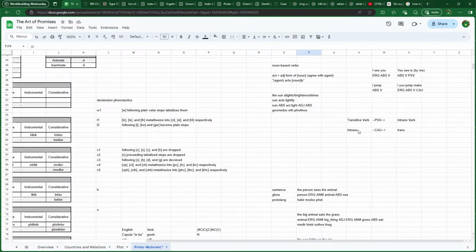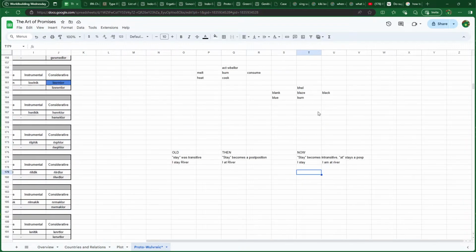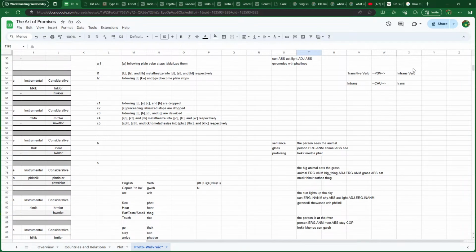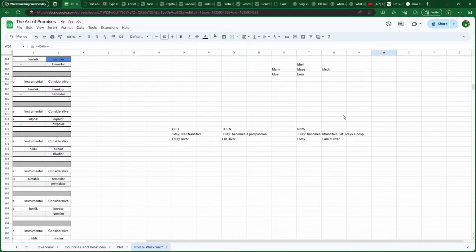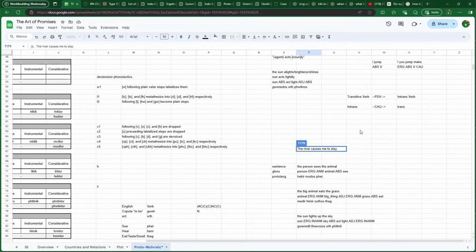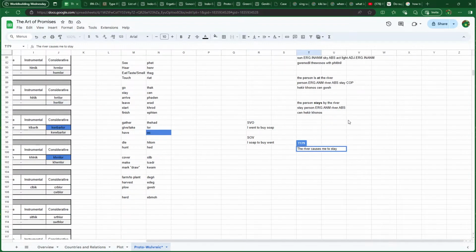So now for the intransitive, because stay is currently intransitive in the now era, in order to make it transitive again, you need to have the causative form. So then the river causes me to stay. Right?